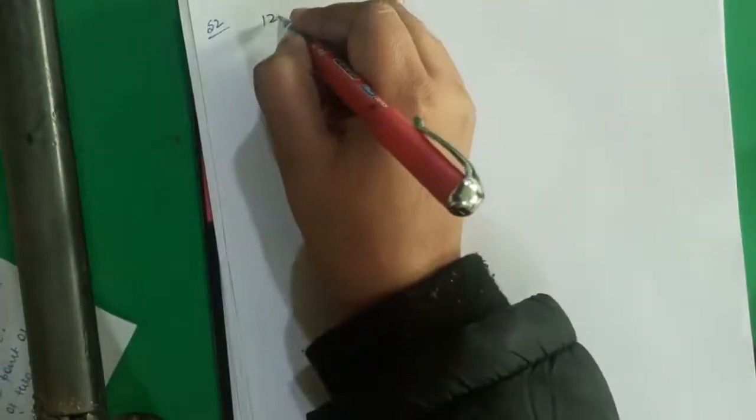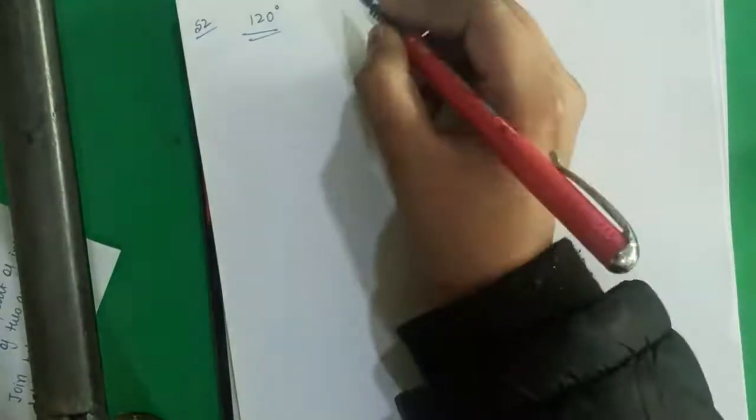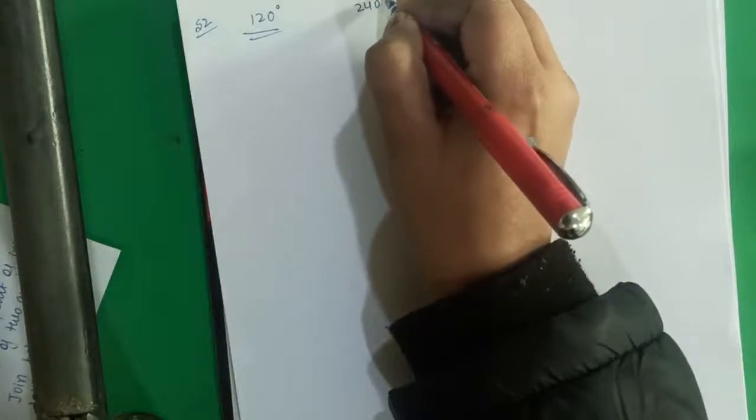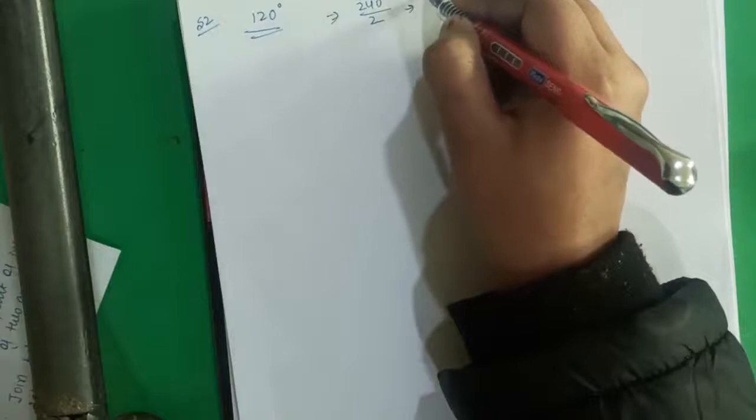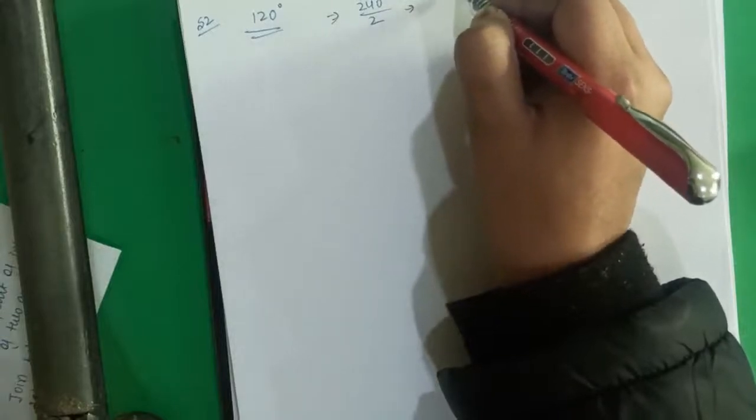So here, a 120 degree angle. Half of 240 is 120, right? And 240 means 180 plus 60 degree. 180 plus 60 degree, 240, and half of this is 120, right?